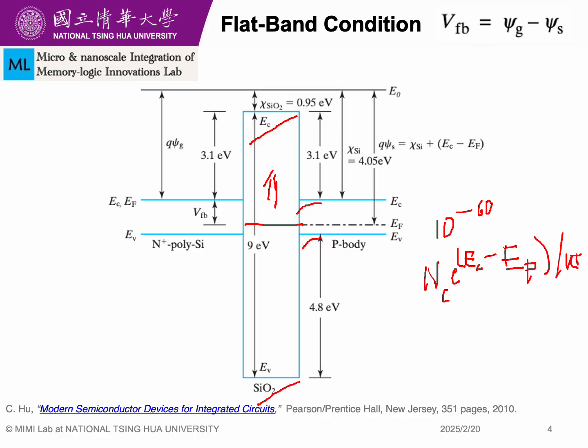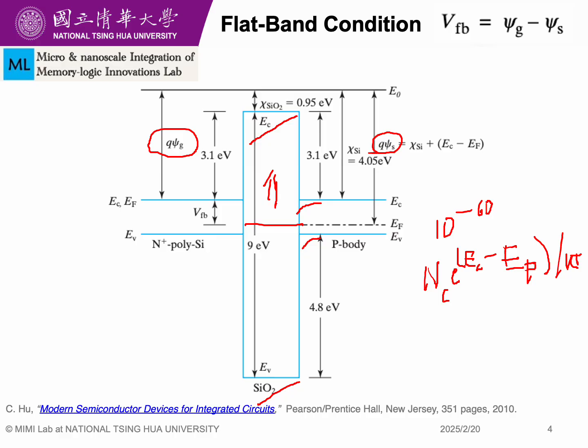There are two terminologies that you have to understand: the difference of EC from its respective vacuum level, and of EF from its respective vacuum level. It is EC here because we are assuming that for the n-plus polysilicon, EF and EC are at the same level. This is called the work function.